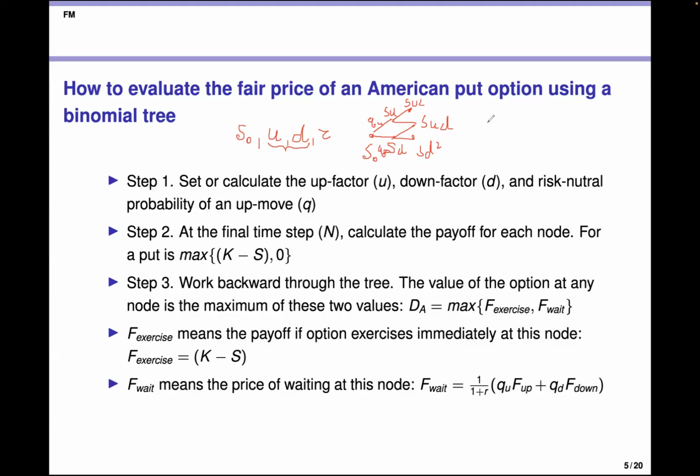Risk neutral probability. We can say the formula, or we can say the way how to compute it.